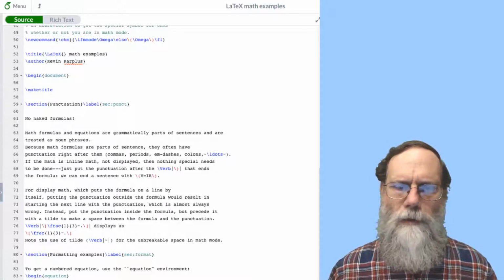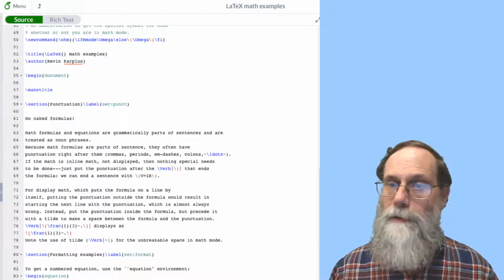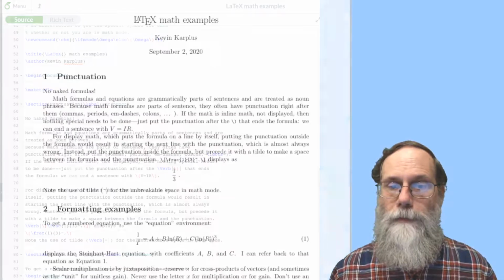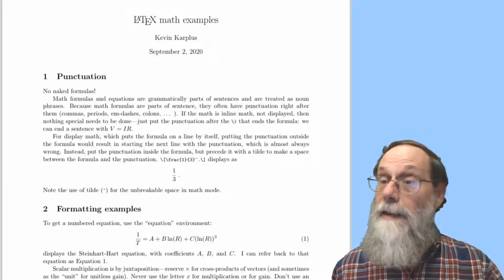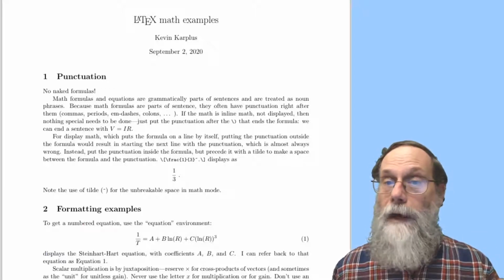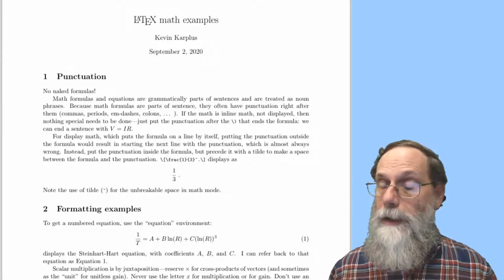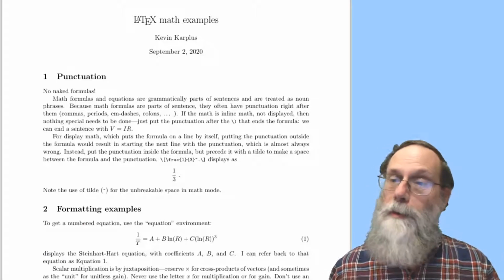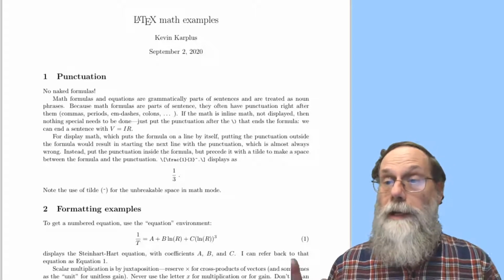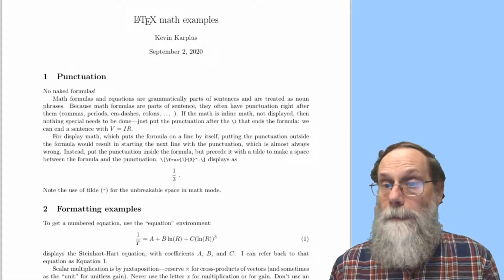Let's switch over to the output from Overleaf to see what those things look like. Okay, so at the end of the second paragraph here, I have v equals IR, period, and that period was outside the backslash open paren, backslash close paren that enclosed the v equals IR.